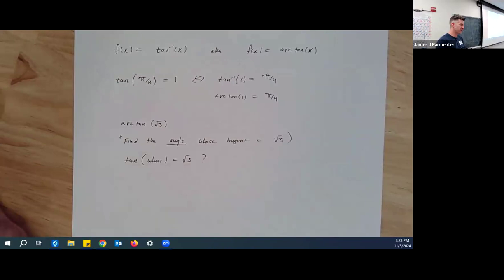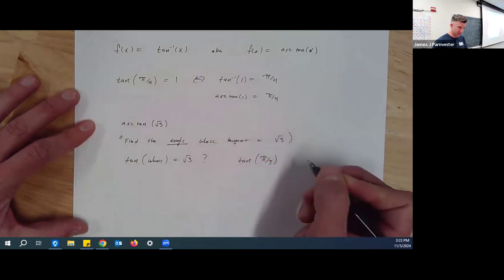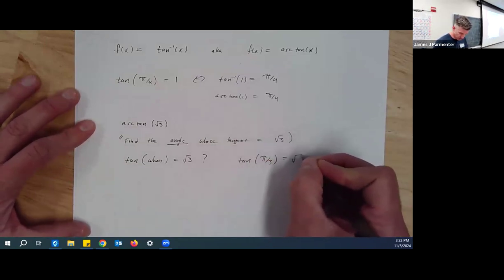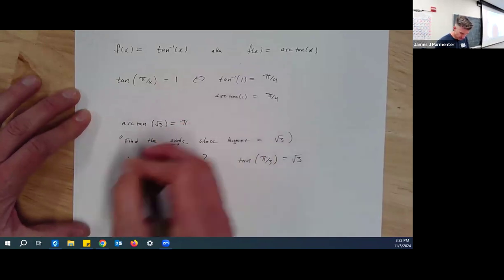And there is an angle that does that for us. And our angles should always be in radians, not degrees, for these problems. Calculus works better in radians. So I know that tangent of pi over 3 radians or 60 degrees is equal to the square root of 3. So arctangent of root 3 is equal to pi over 3.